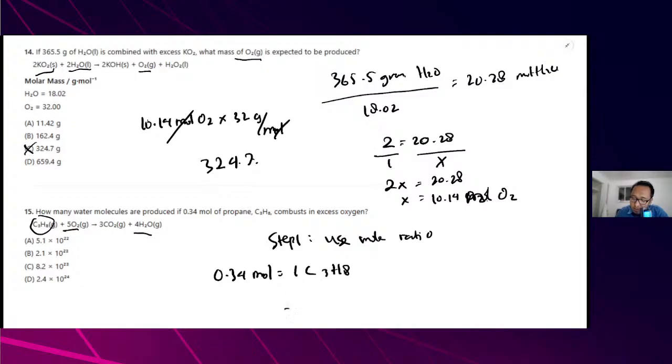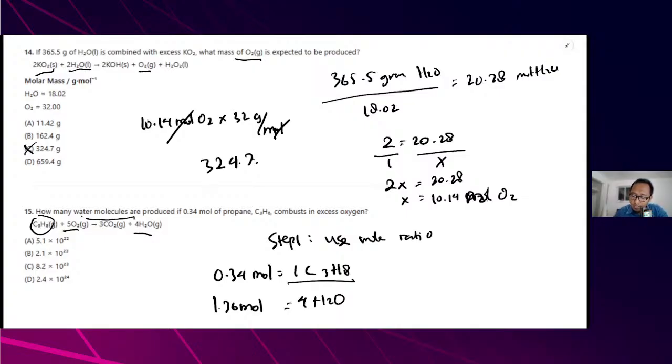How about the H2O, which is 4? Because propane is the limiting reactant, it will be times 4. How much is it? 1.36 mole.